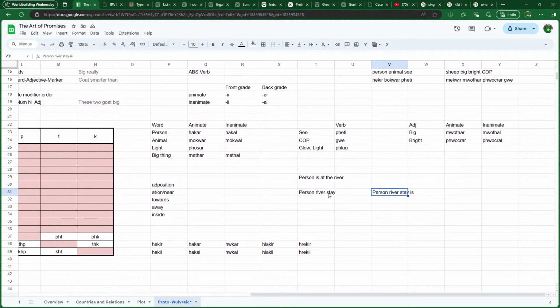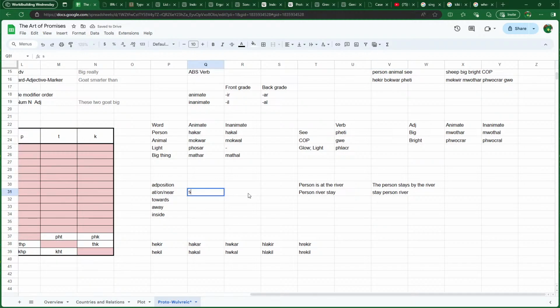Oh, the big difference is whether the verb is at the front or the back, because we have optional VSO. So stay, person, river. This can be the adposition: the person is at the river. But this is the person stays by the river. There we go.